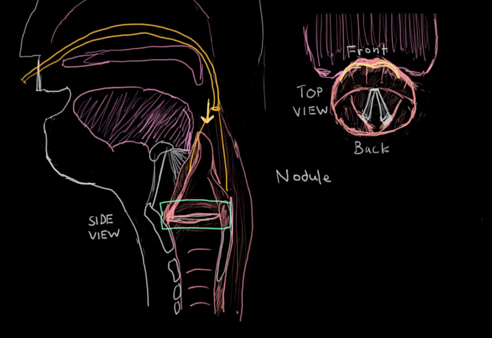They can be found on either side, and they just appear as a sort of round lump on the vocal cords. These nodules form through overuse of the vocal cords. So if a patient is using their voice often, maybe they're a singer or they talk a lot, kind of like me, they can develop these vocal cord nodules.